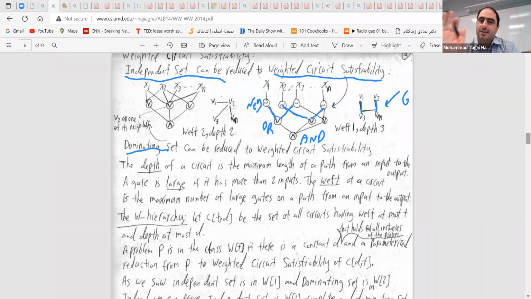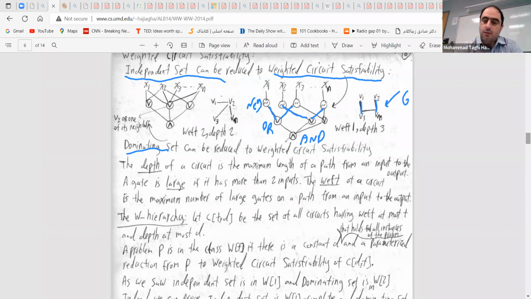Now, I want to say that if I have an independent set of size exactly k that satisfies the circuit, it means the output is 1. If there's an independent set of size k, then I can set k of these inputs true such that the output is true.